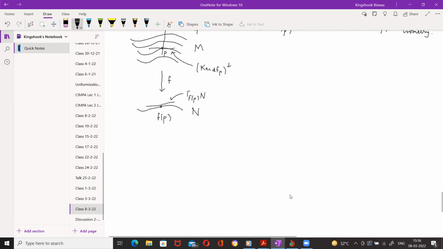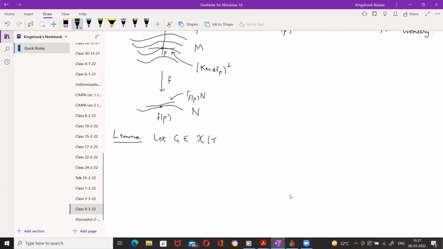Now what we want to do is look at the geodesic vector field on the tangent bundle.